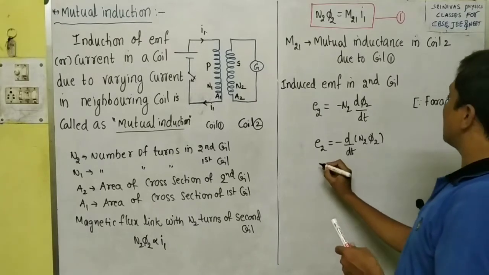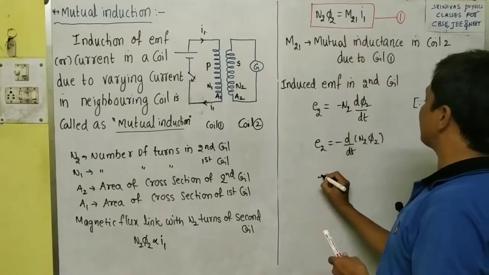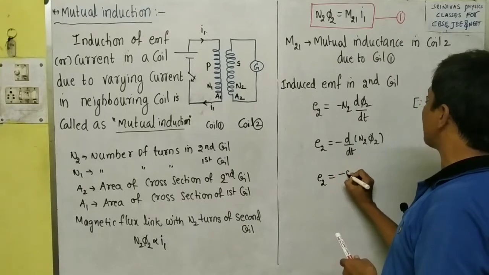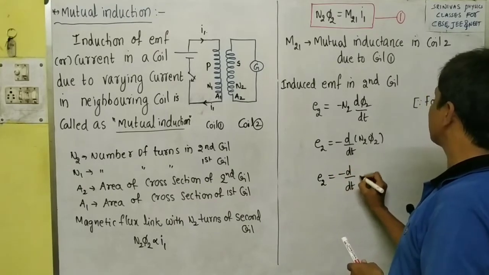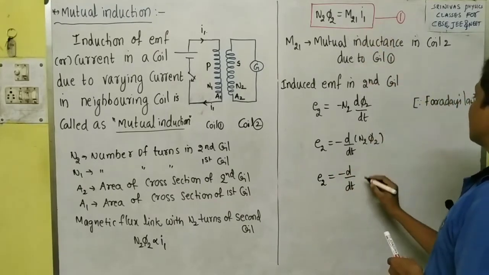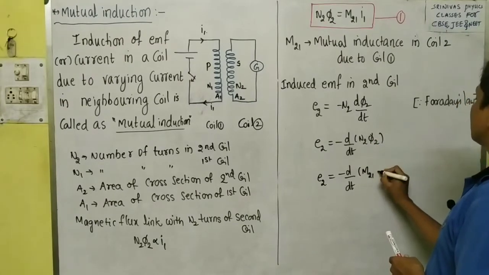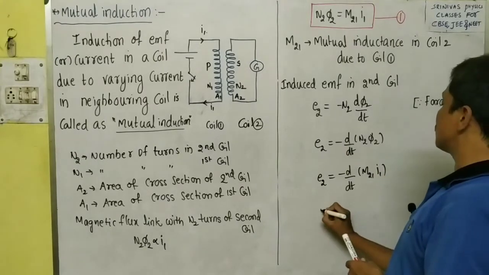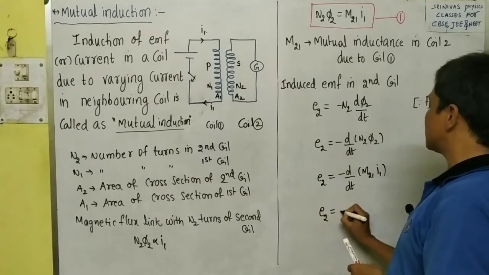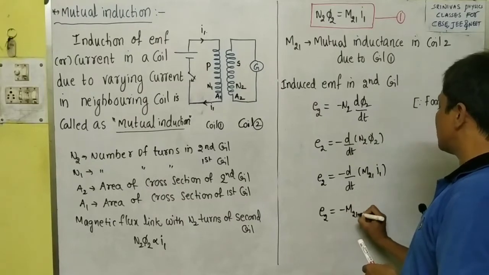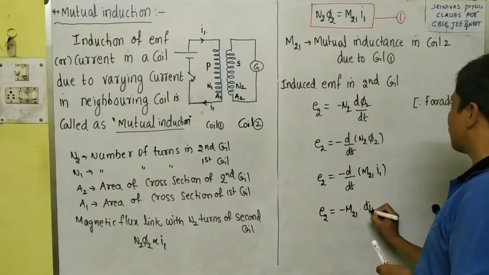Here, N2 phi 2 we know from equation 1, so we write the induced EMF as minus d by dt of M21 into I1. M21 is the mutual inductance, a proportionality constant, so we write it outside: minus M21 into dI1 by dt.